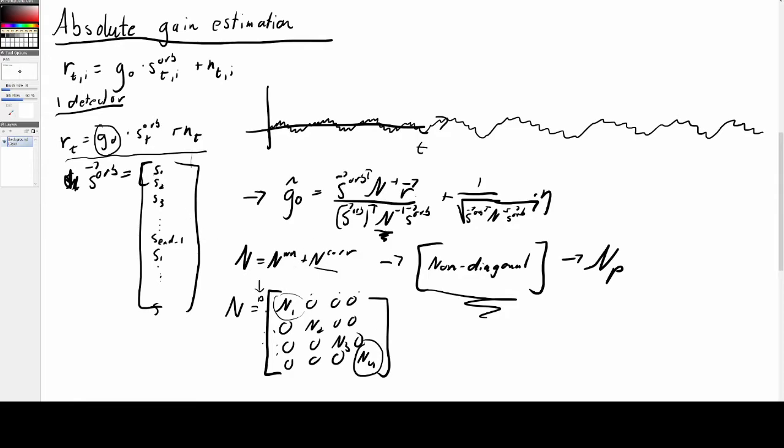But as it is, we can now essentially separate this complete equation with all of the timelines into a sum over PIDs, where each of these signals per PID is multiplied by the relevant covariance matrix for that PID. So that simplifies things a bit. And this is for the single detector case.